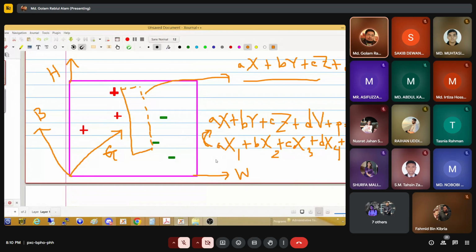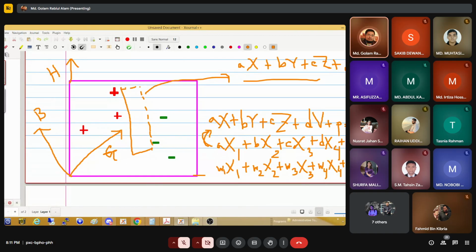Similarly, instead of just small a, b, c, we can consider a equal w1 x1, and then b is our w2 x2, c we can consider our w3 x3, then d is our w4 x4, plus b equals 0.